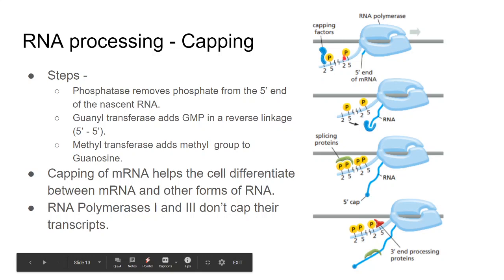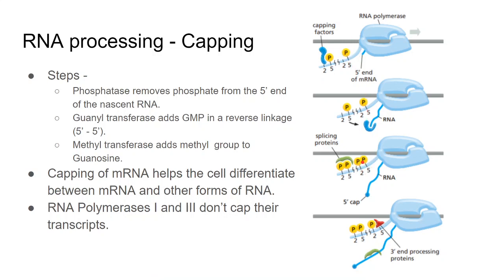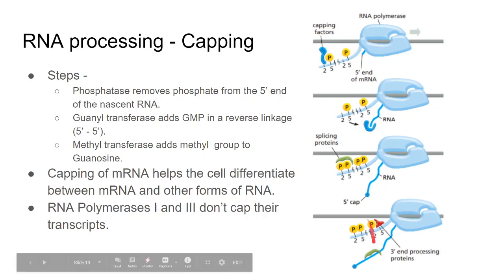So initially phosphorylation of serine 5, then phosphorylation of serine 2, and then dephosphorylation of serine 5. Then you have 3' end processing proteins binding, and these 3' end processing proteins form the poly A tail.